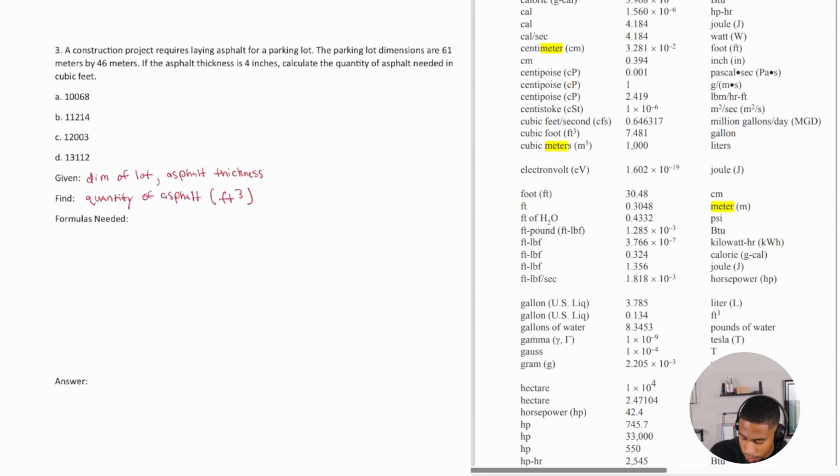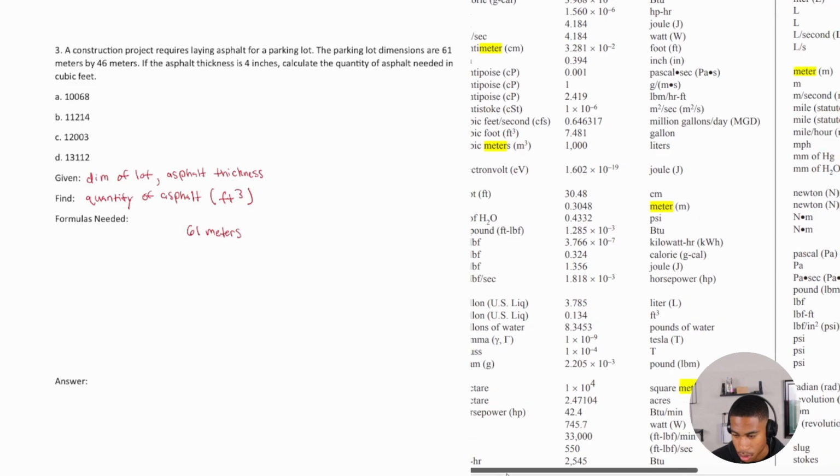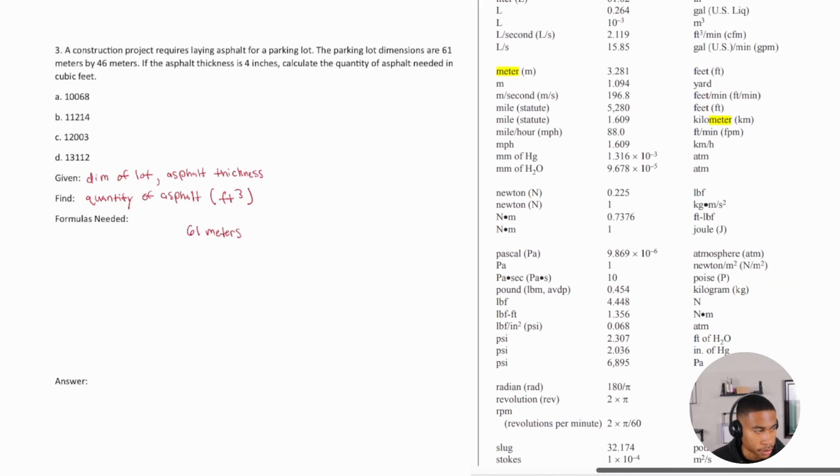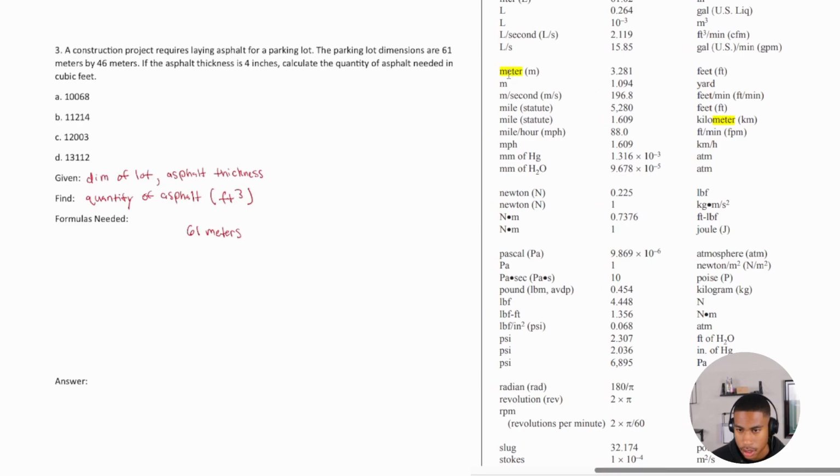All right, so let's get our dimensions into feet. So 61 meters. All right, and we're gonna use our conversion table, and we're gonna go straight from meters to feet.